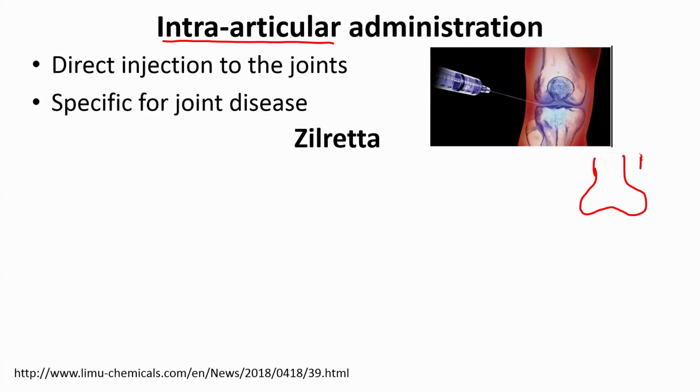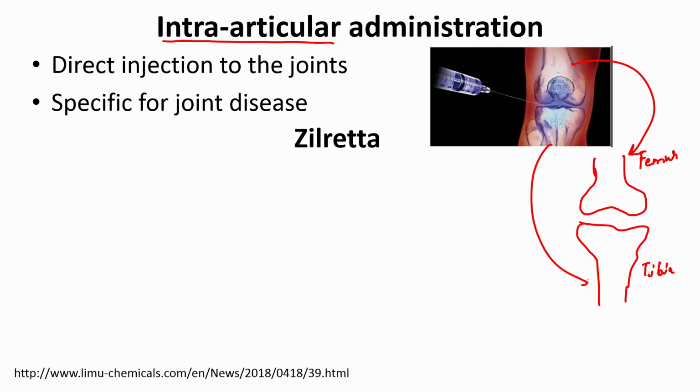Let us say this is the femur, which is nothing but this bone, and this is the tibia, which is this bone here, and then you have cartilage which is lining these two bones, and then this is actually being encased by something we call the synovial membrane.